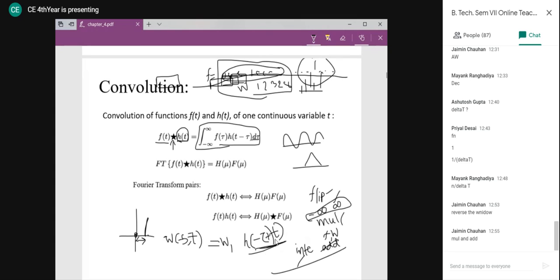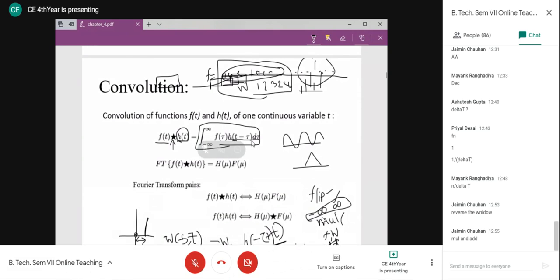The t value can be positive or negative. T can take any value, so can I say it will indicate left and right shift? So t minus tau is the flipped and shifted function.